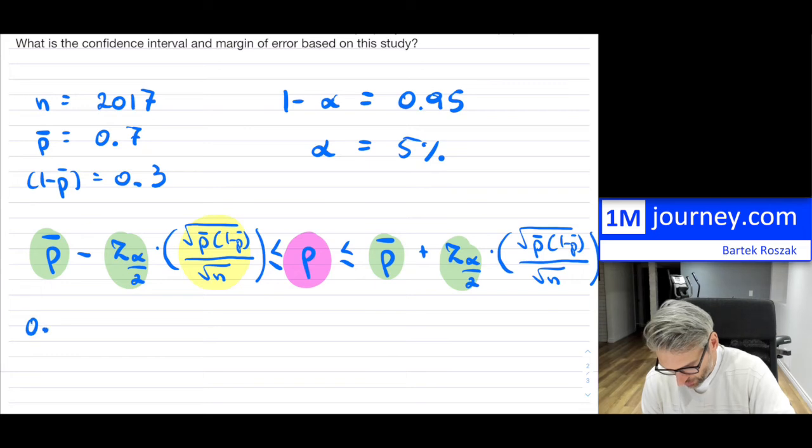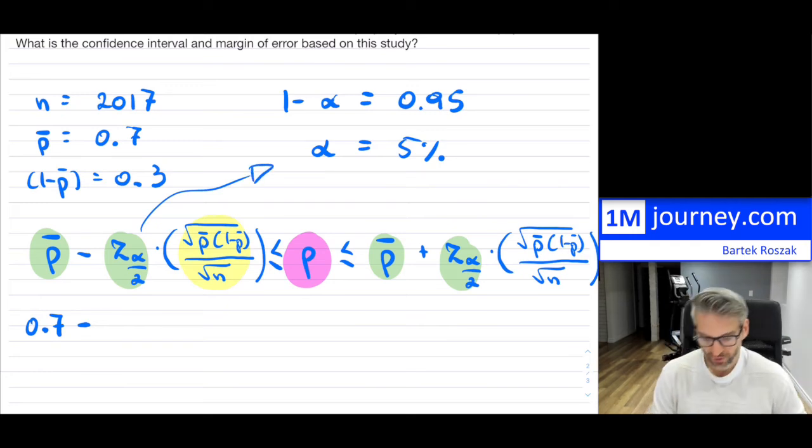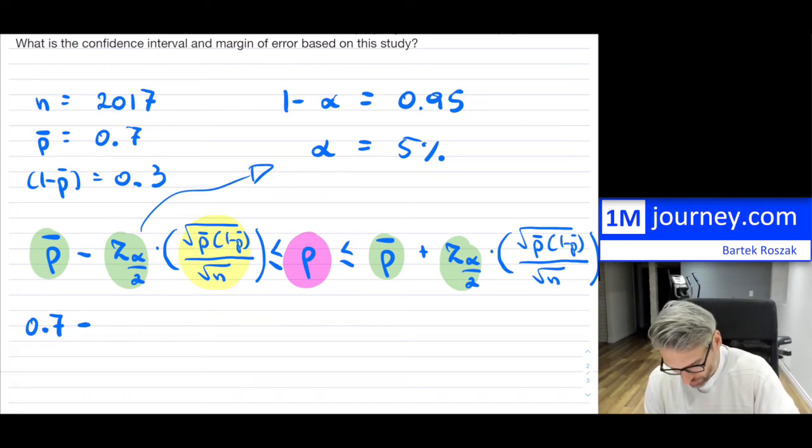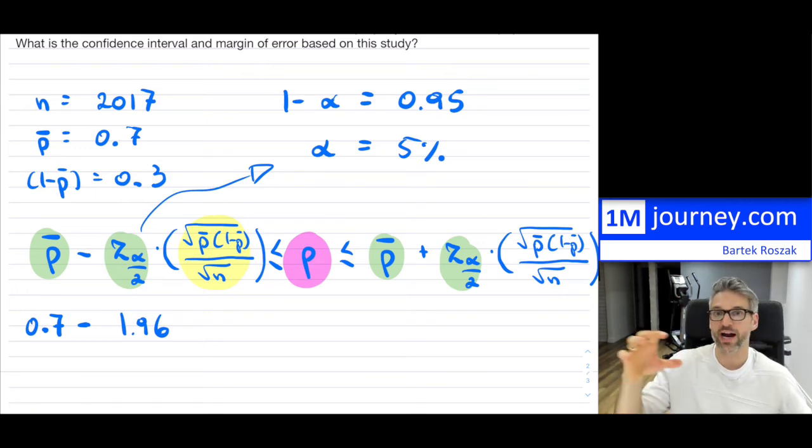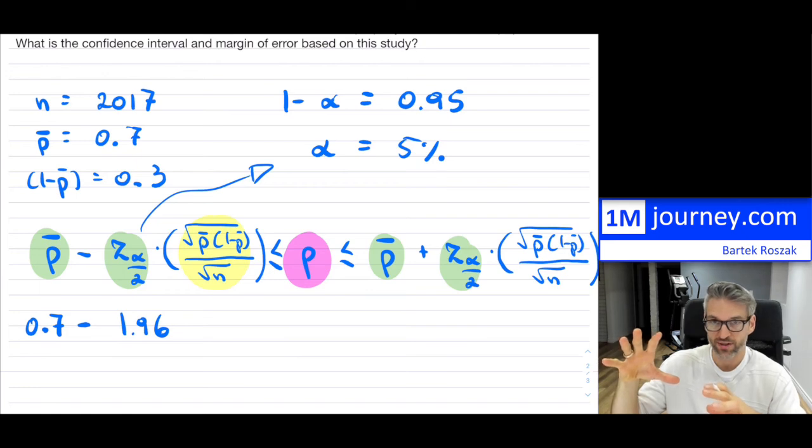So this is going to be 0.7 minus the z-score related to the threshold of 5%, so this is alpha divided by 2. That is equal to 1.96.